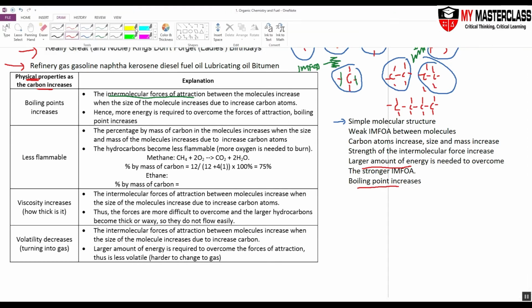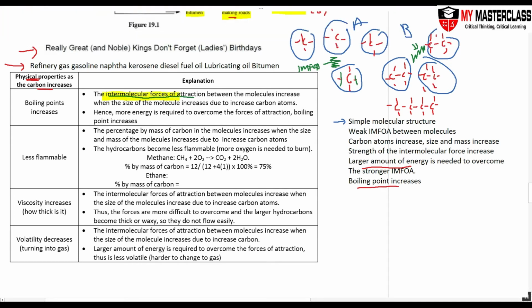Okay, so the intermolecular forces between the molecules increase because the size of the molecule increases due to increased carbon atoms. More energy is needed to overcome the attraction force, so the boiling point increases. This is your explanation for why the boiling point increases when the carbon increases.